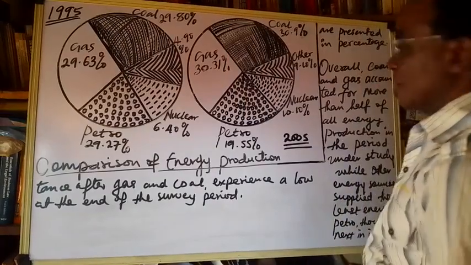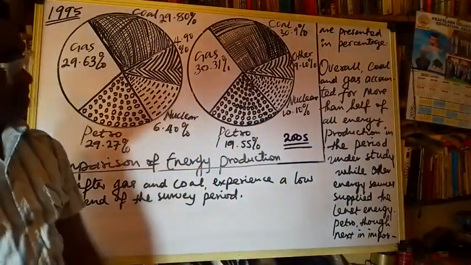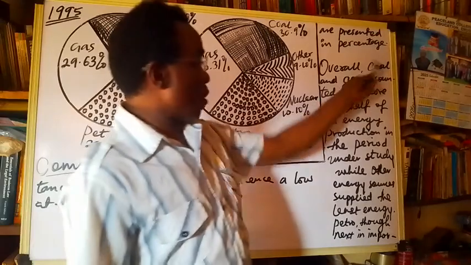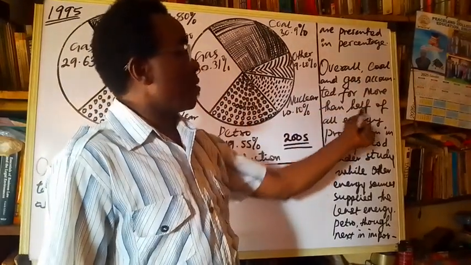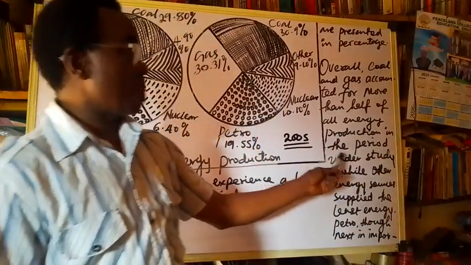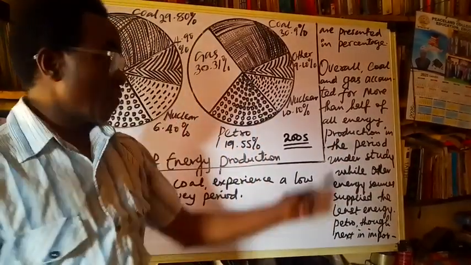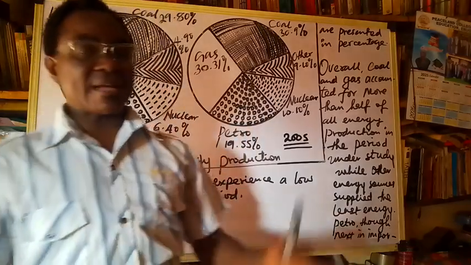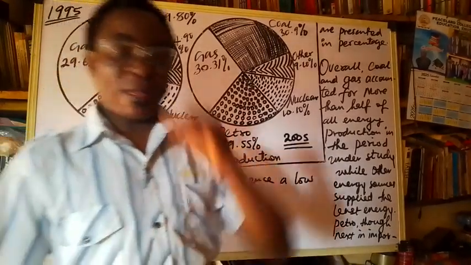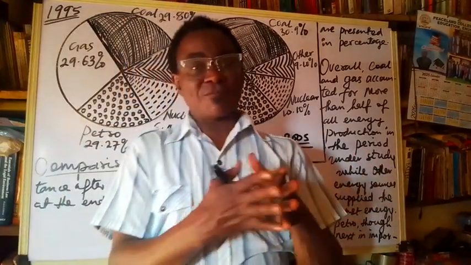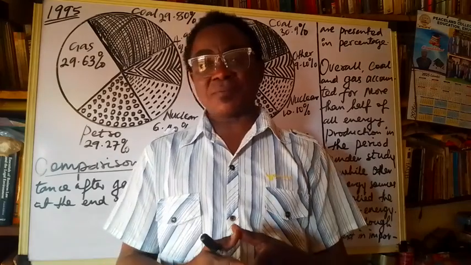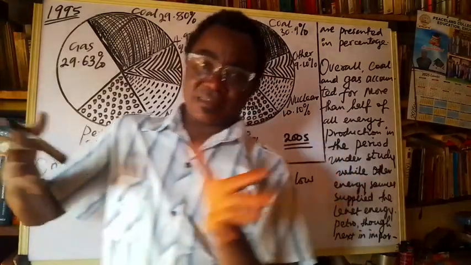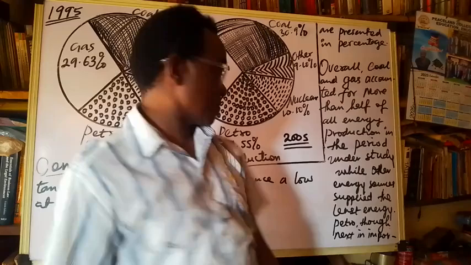So let's take a look at what we now have on the board. It says overall, coal and gas accounted for more than half of all energy production in the period under study, while other energy sources supplied the least energy. That is a kind of comparison. What we have done is an aggregate of values. It's a kind of comparison, stating the highest values first as the highs, and then bringing together the low.